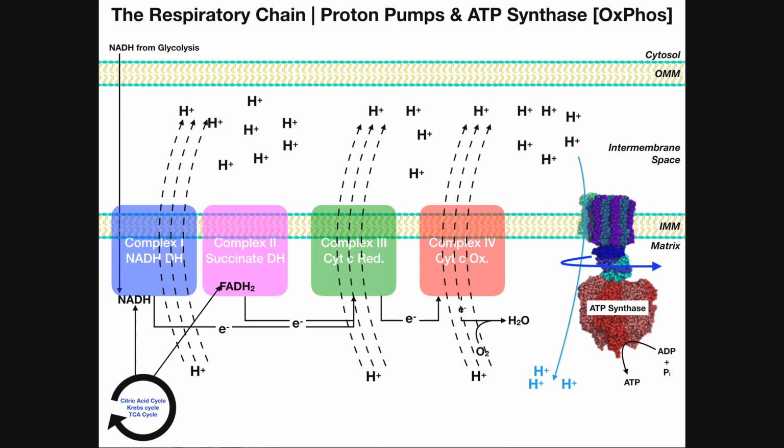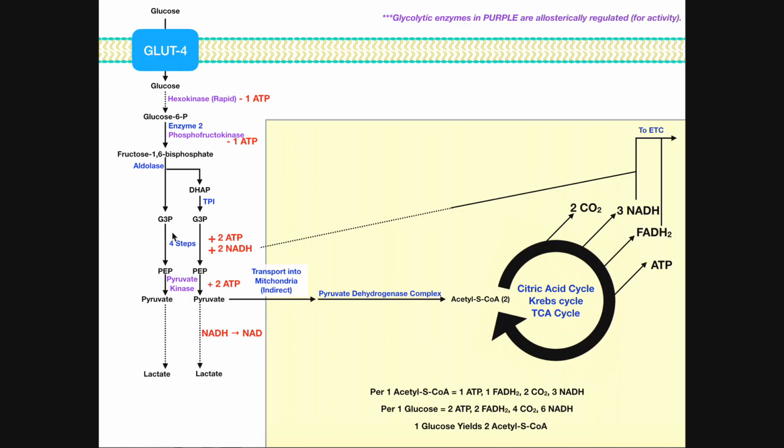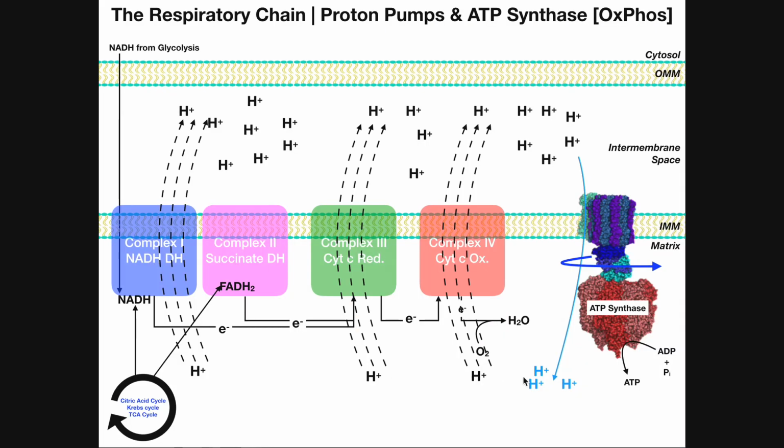So whereas glycolysis maybe only got us a net of 2 ATP, and for the Krebs cycle, 1 acetyl-CoA would just give us 1 ATP, if we were to look at the complete cycle of this electron transport chain, it would actually give us a whopping 32 ATP. This process that I just described where we get all this ATP, this is called oxidative phosphorylation.